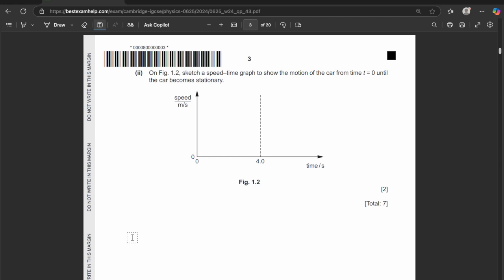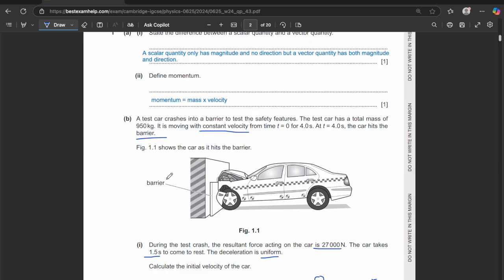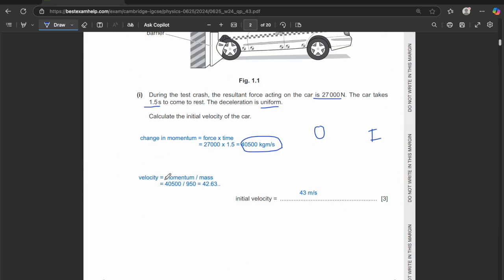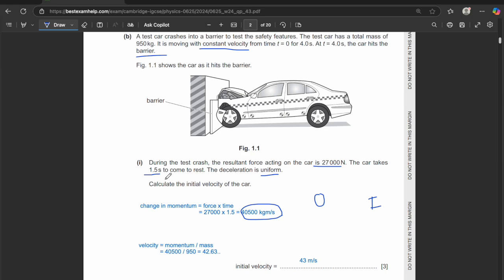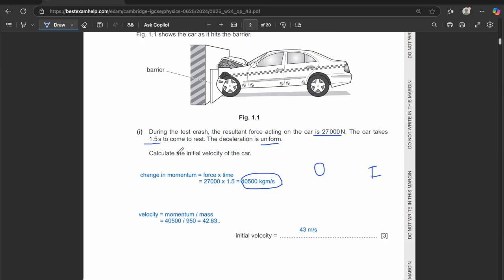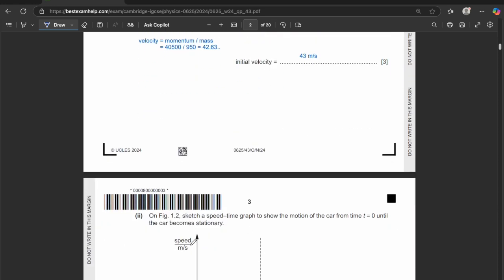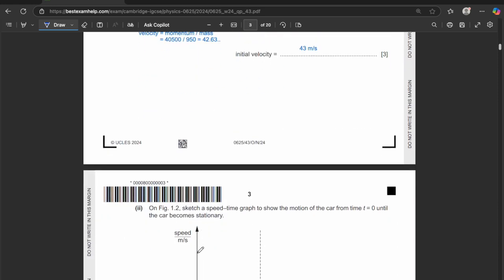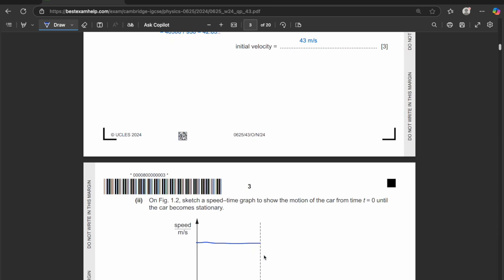2. On figure 1.2, sketch a speed-time graph to show the motion of the car from time 0 until the car becomes stationary. What does it say about the initial motion? It is moving with constant velocity, and this is a speed-time graph, so it will be a horizontal straight line until 4 seconds.